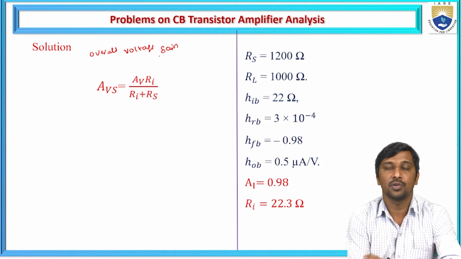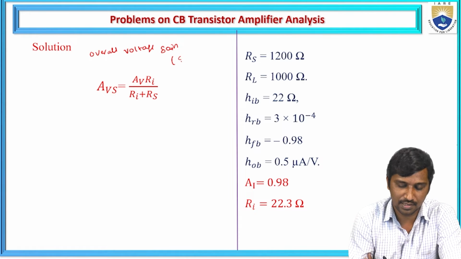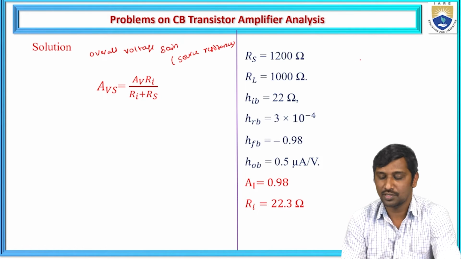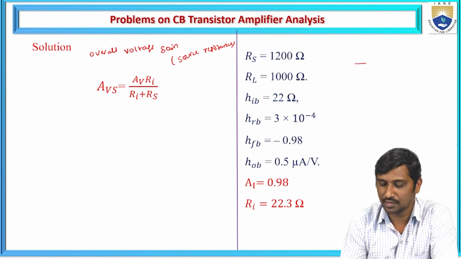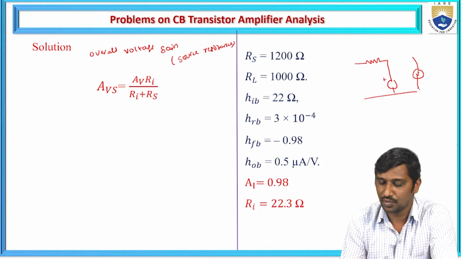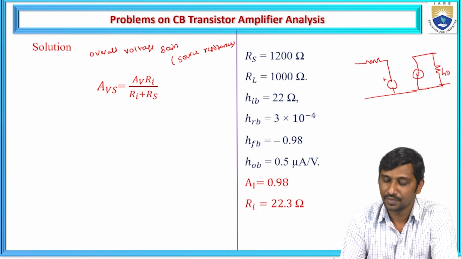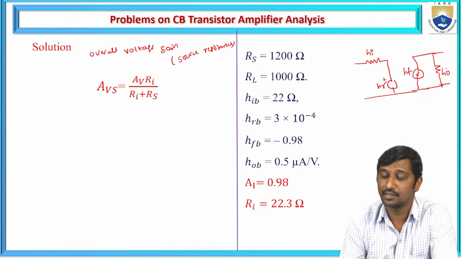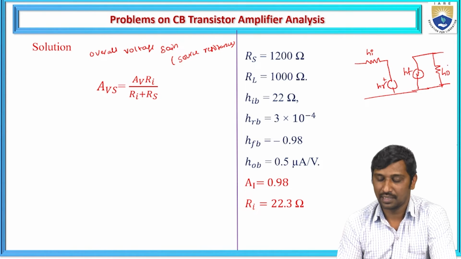And now similarly, we need to calculate the overall voltage gain. In this, for the overall voltage gain, we need to consider the source resistance. So if you take the small signal model, we have the input impedance, reverse voltage gain, forward current gain, and output admittance. This is hie, hr and hf, and this is the ho parameter.